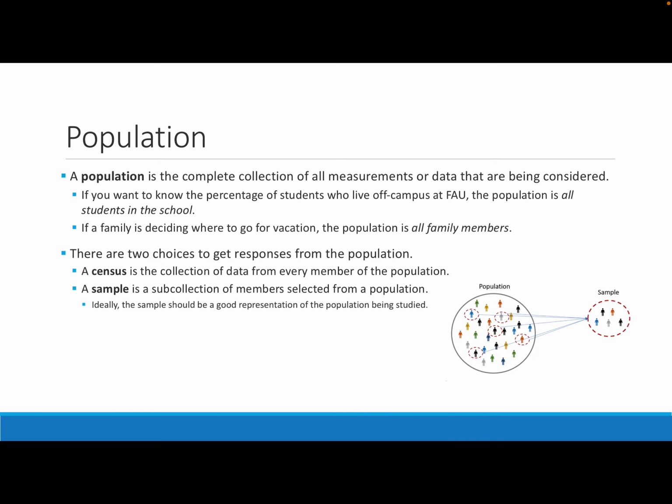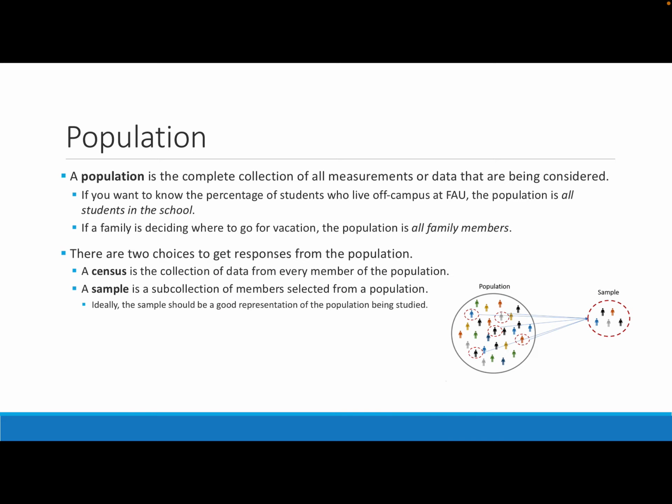If the size is not very big, you can do a census. So basically, you have responses from everybody in the population. So this is doable for the family example. Everyone will speak out their desired vacation place, and you get a census.